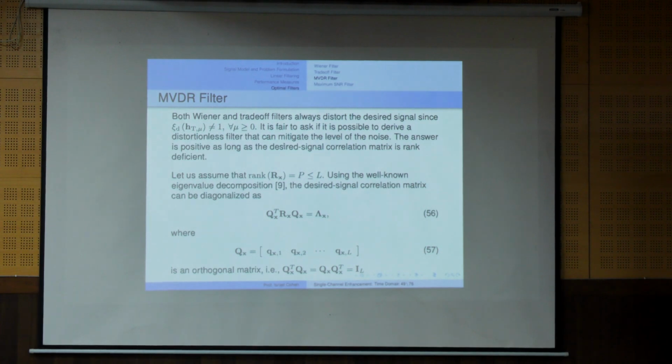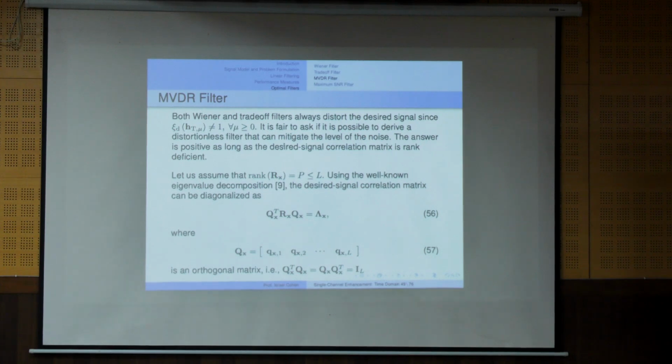But if the rank of Rx is only P, which is smaller than L, it means that we can take only P eigenvectors, and these P eigenvectors with the eigenvalues which are different than 0 span the signal subspace.